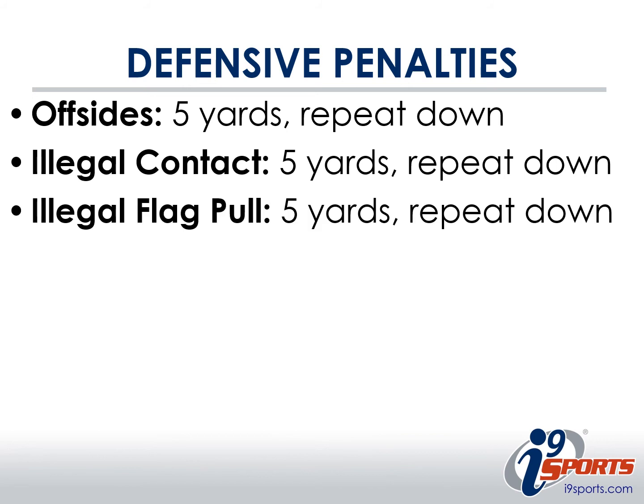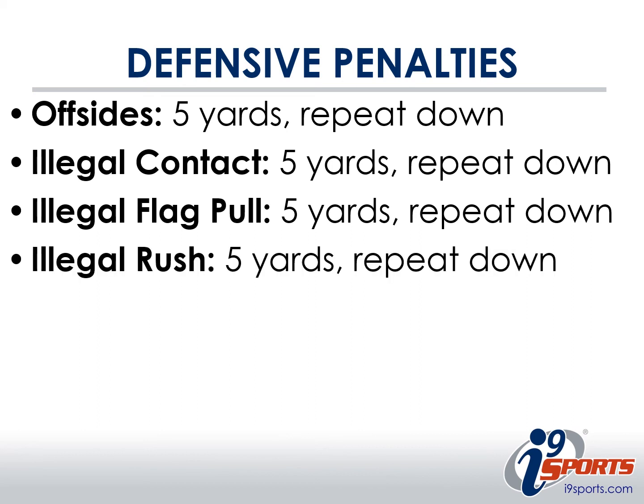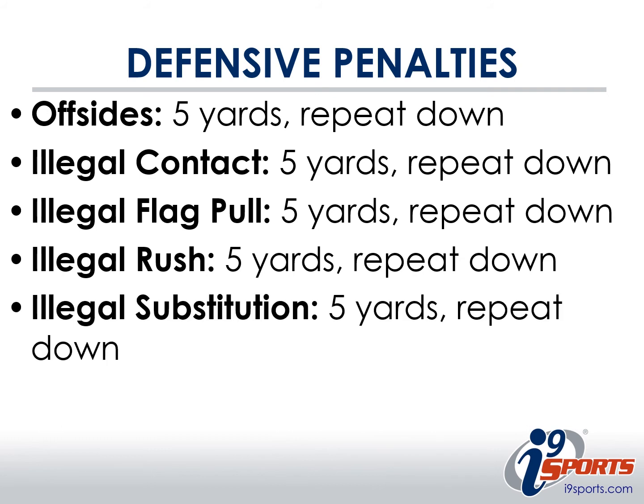An illegal flag pull, this would be, before the receiver has the ball, they pull their flag, whether they catch the ball or drop the ball. If they catch the ball, it is a 5 yard penalty from the spot of the catch. An illegal rush would be like starting to rush from inside the 10 yard marker, would be 5 yards.